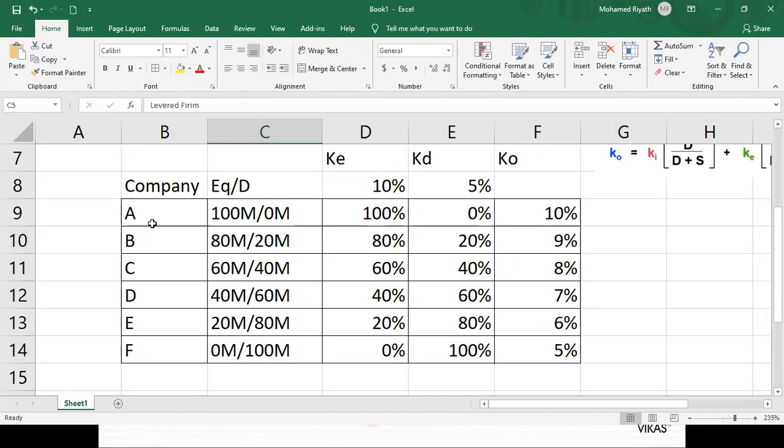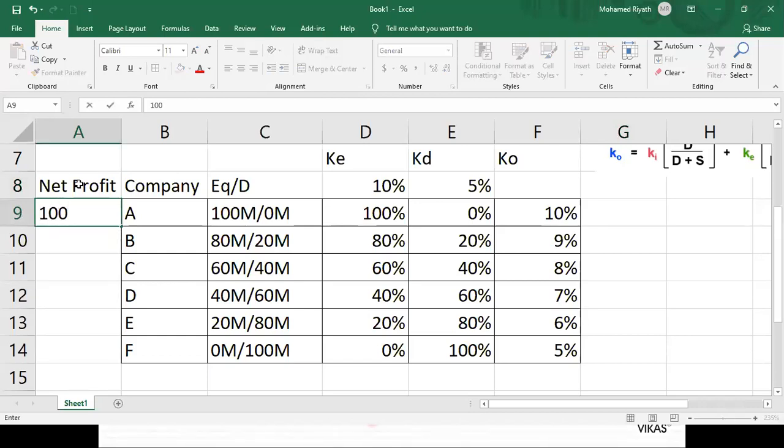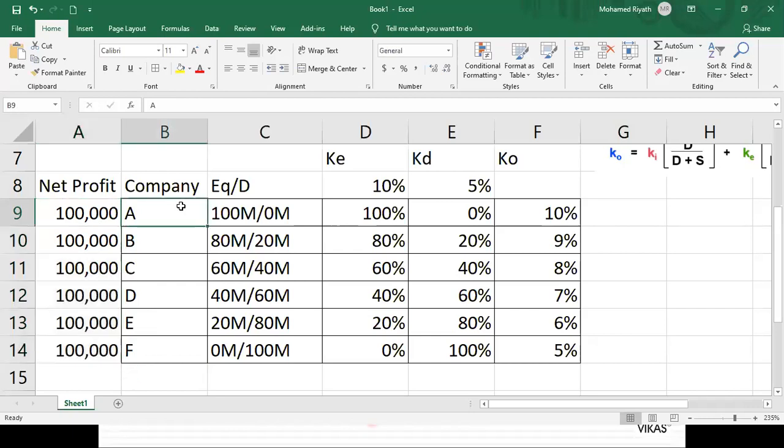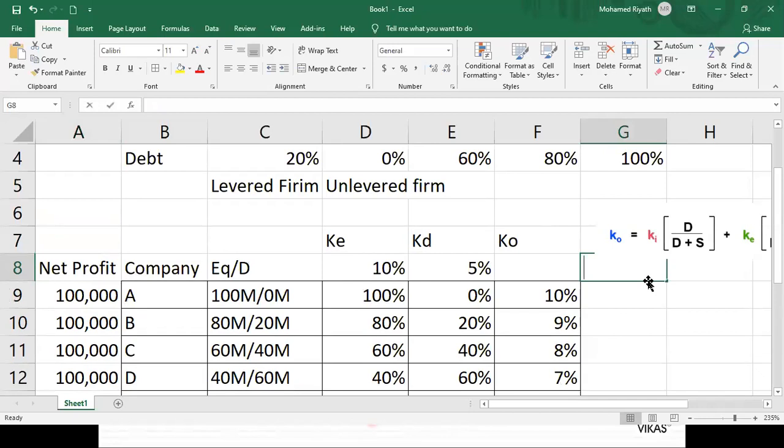Here, assume that operating profit, net profit equals 100,000 rupees. Operating profit equals 100,000 for all companies. Now we will find value of the firm.